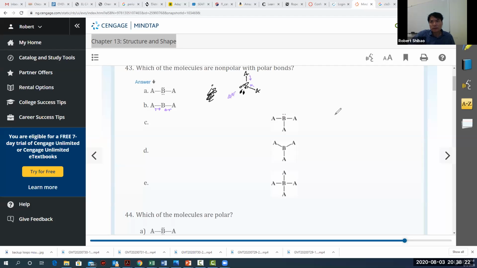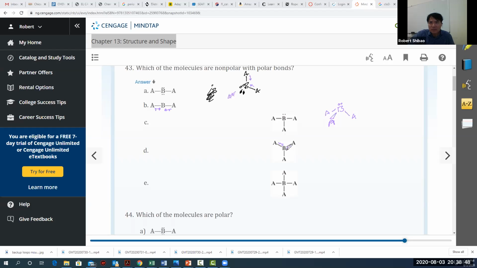Here, this is trigonal pyramidal. We draw it the same way, kind of like this. And then this lone pair and this bond in the plane, this one wedged out, this one wedged in. And so the arrows aren't going to cancel out. But whereas this one, the arrows will cancel out.